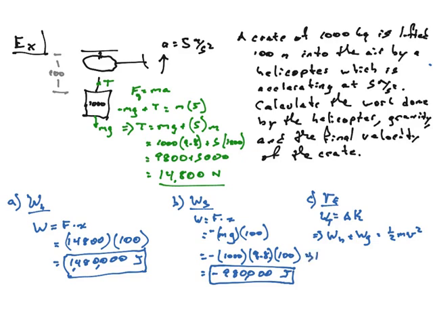All right, so 1,480,000 plus negative 980,000 equals 1/2 the mass, 1,000, times v squared.